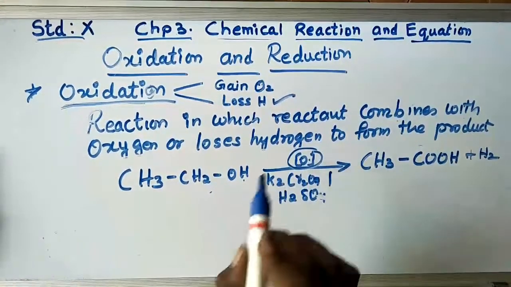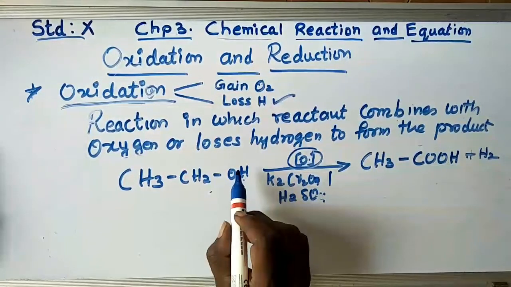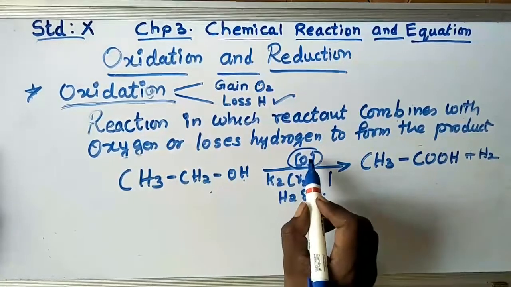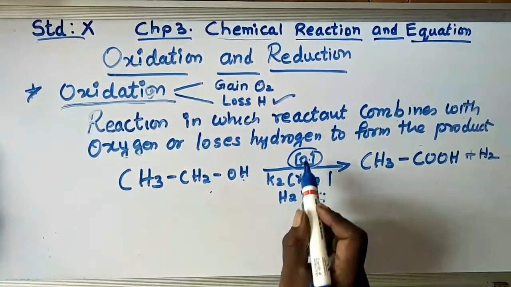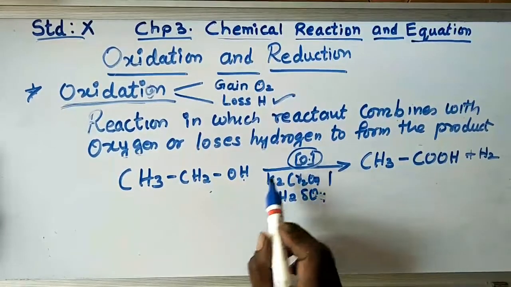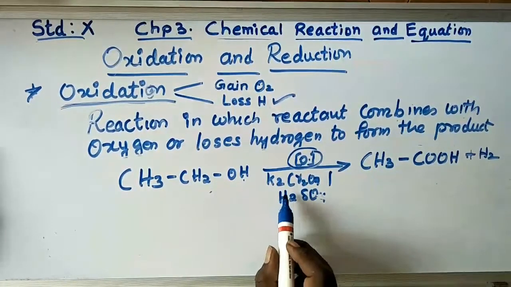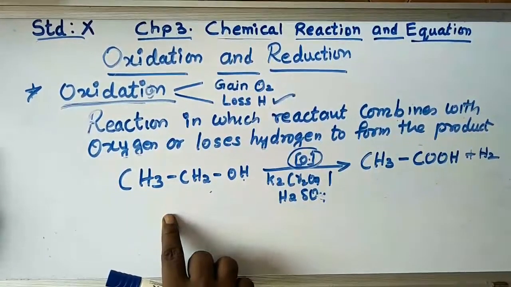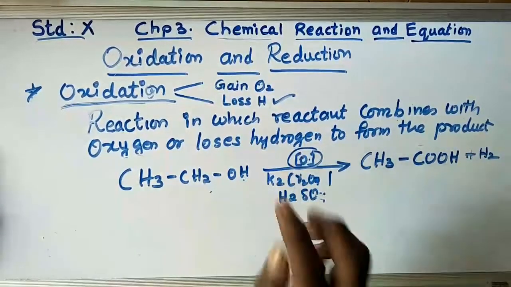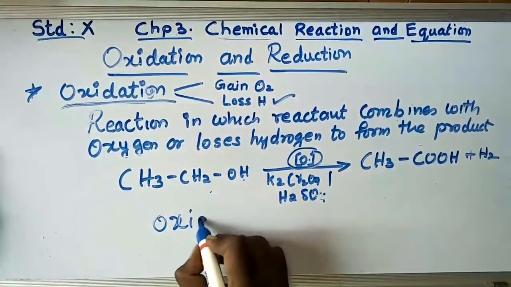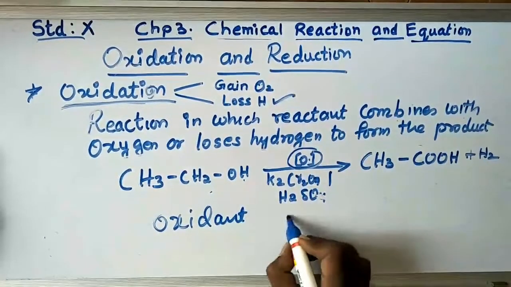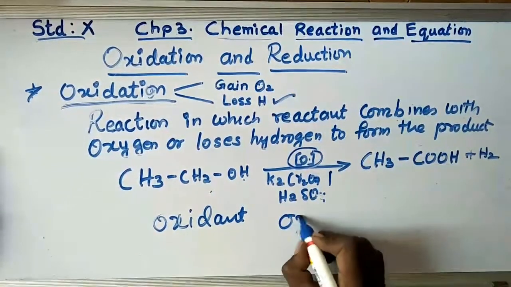So we are adding a separate chemical substance for oxidation. Such a chemical substance, which we bring about for the oxidation reaction by making oxygen available, we call the oxidant, or we call it the oxidizing agent.